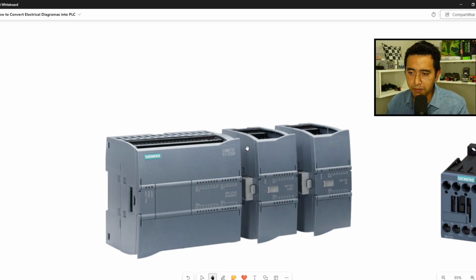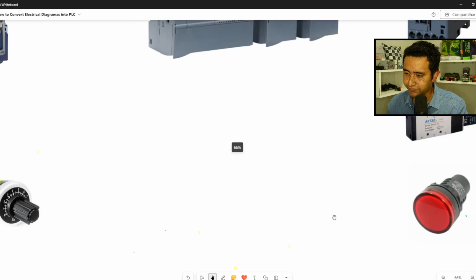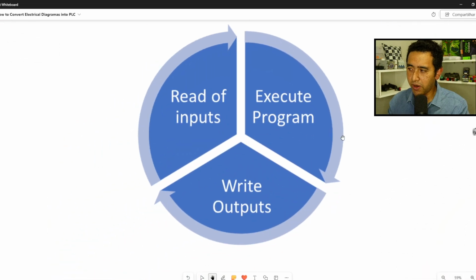All right, my PLC works in a simple way to understand, in 3 cycles. We call this read inputs, execute program, and write outputs. Every PLC works in this way.